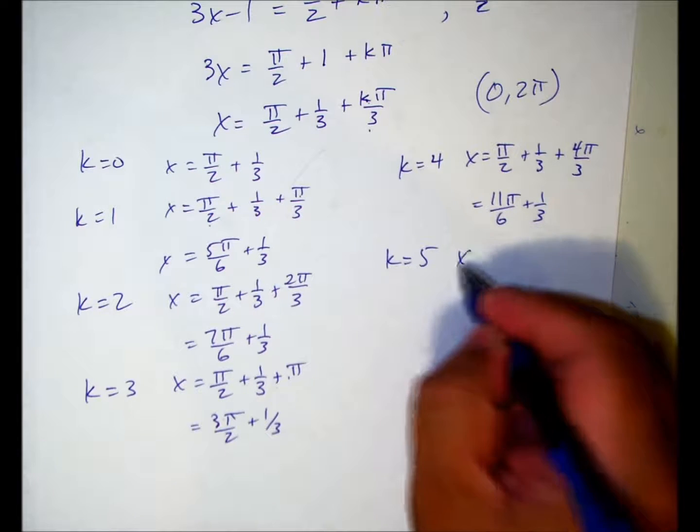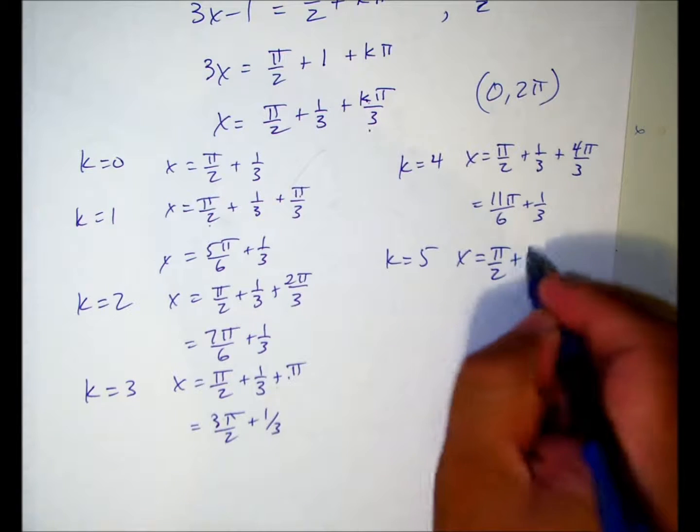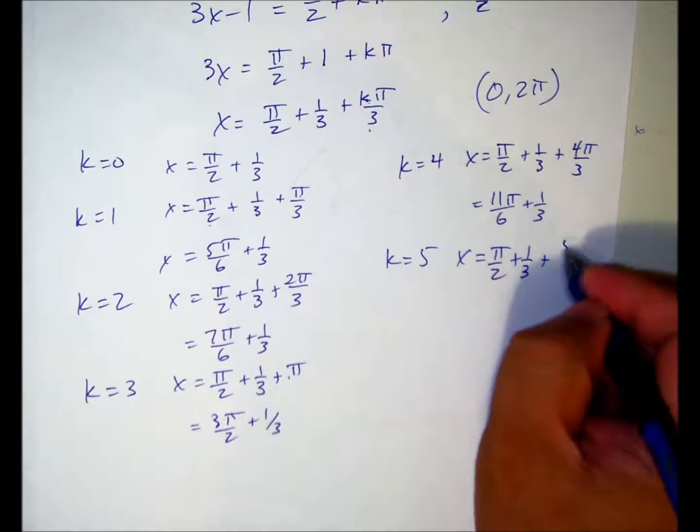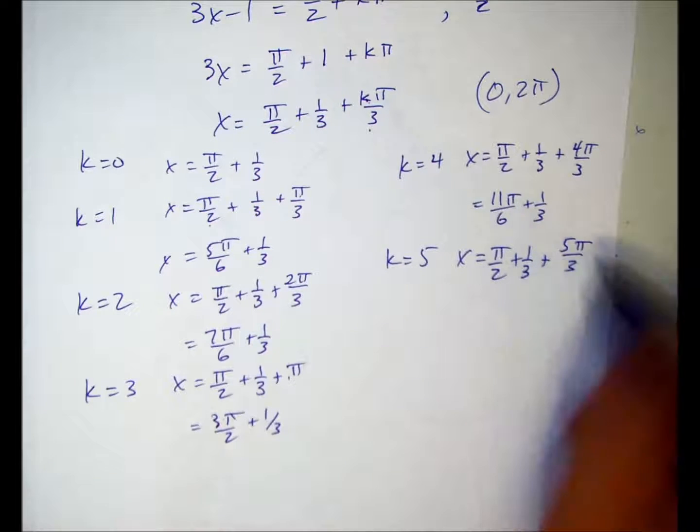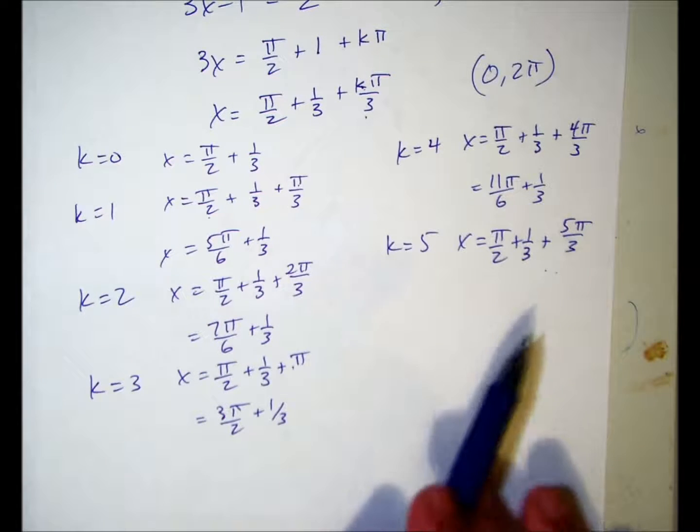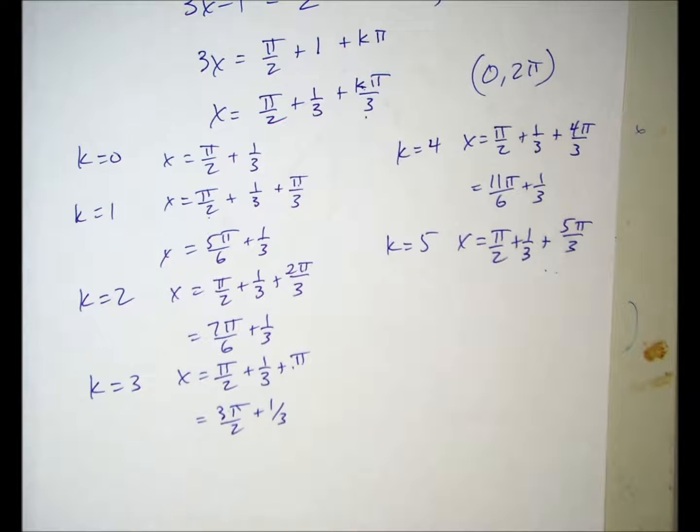K equals 5. X equals pi halves plus 1/3 plus 5 pi over 3. Ooh, that's approaching 2 pi, isn't it? That's approaching 2 pi, because 6 pi over 3 is 2 pi. So in fact, that's too much.